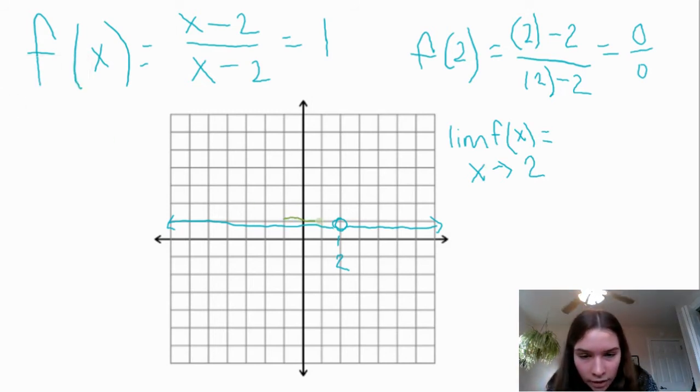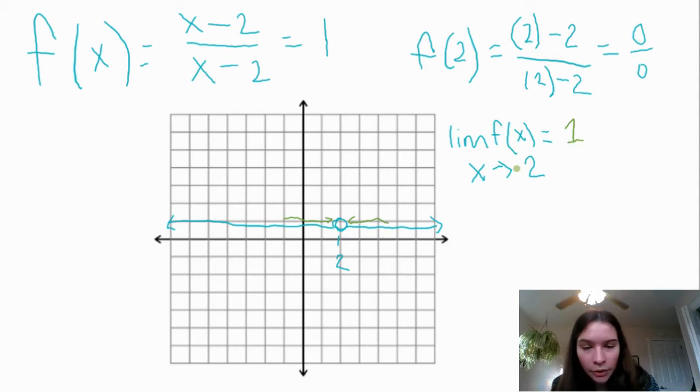From the left side, we see that the value stays at 1 and it gets closer and closer to 1. At 2, it's undefined, but as it's approaching 2, it stays at 1. Let's look from the other side. The other side is also approaching 1. So that's going to mean that as x approaches 2, the y value is going to approach 1.